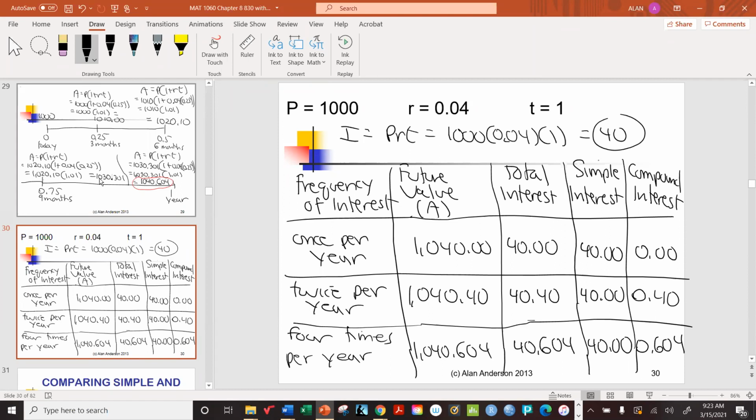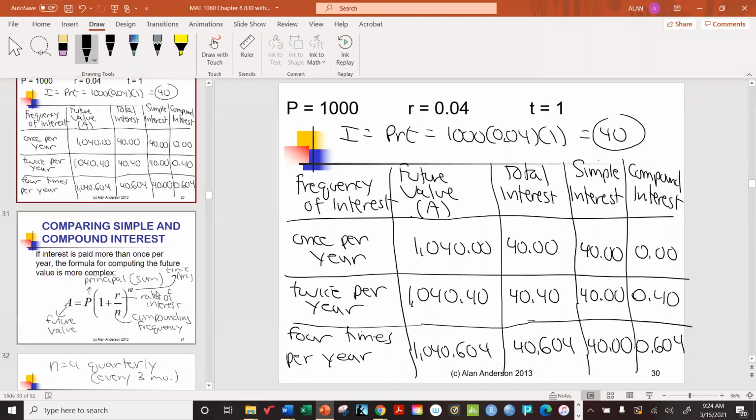This is all we need to know, because as you can probably guess, if we keep increasing the frequency, let's say we go to monthly, the future value will go up a little further, the total interest will go up, the simple interest will stay the same, and the compound interest will go up. So all but the simple interest will go up whenever we increase the compounding frequency, as it's called.